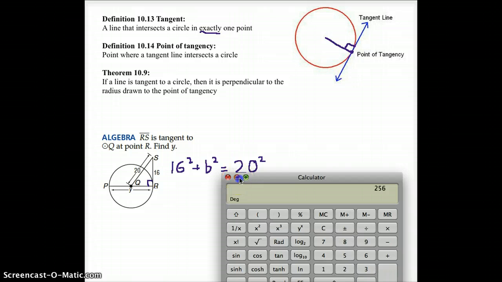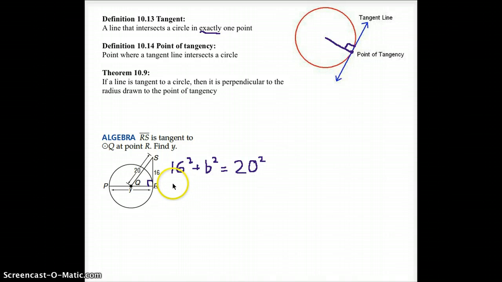So that was fun. So 256 plus b squared is equal to 20 squared, which is definitely 400. Subtract the 256 from both sides.